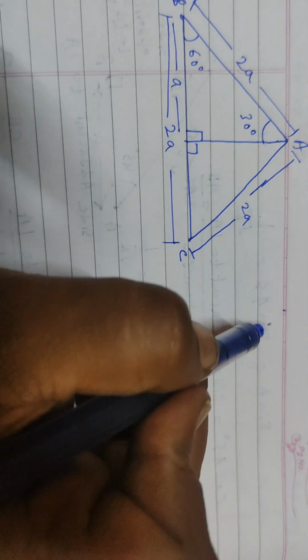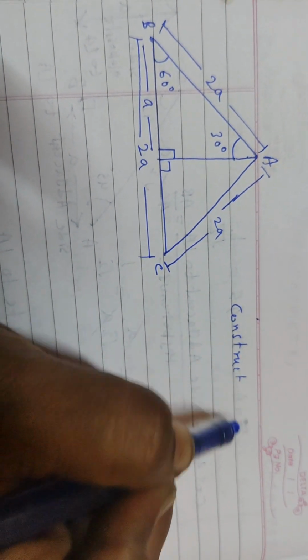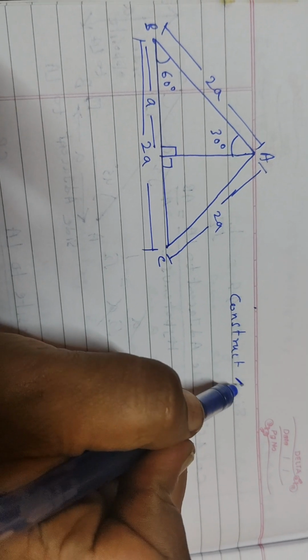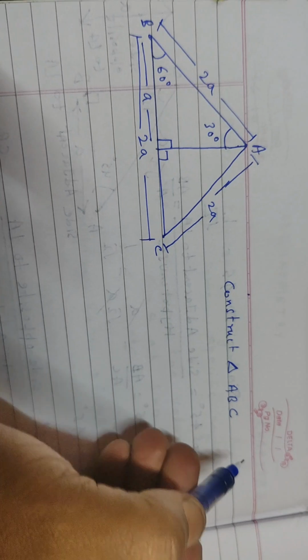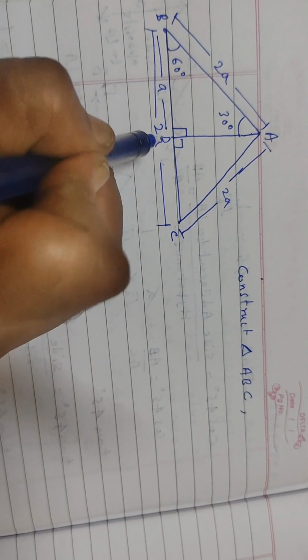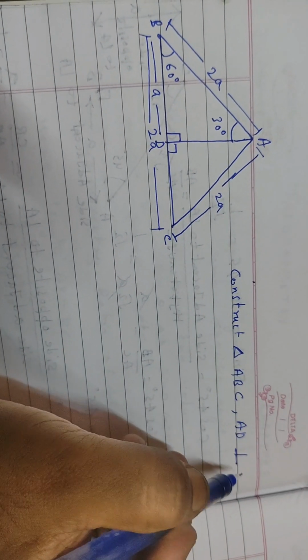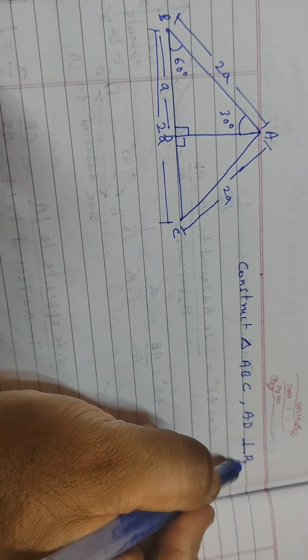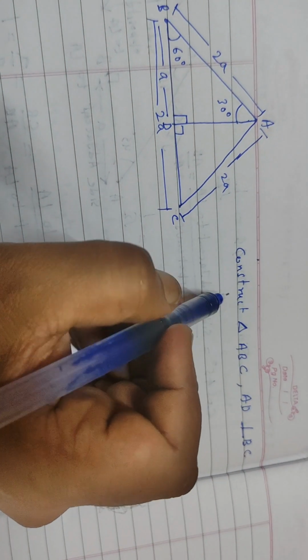Here construct triangle ABC and AD perpendicular to BC. AD is the length dividing BC.